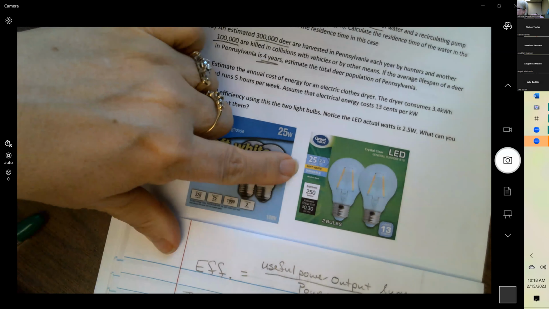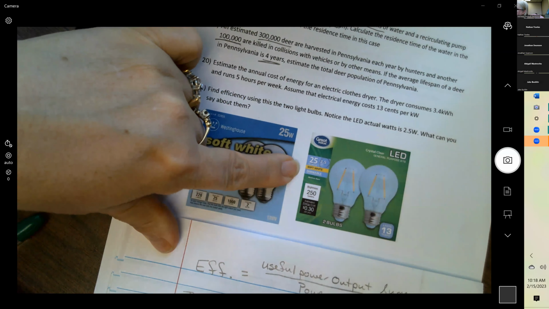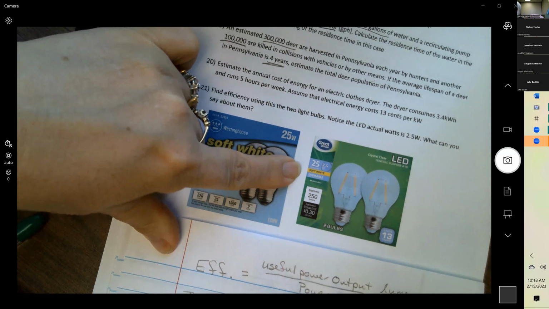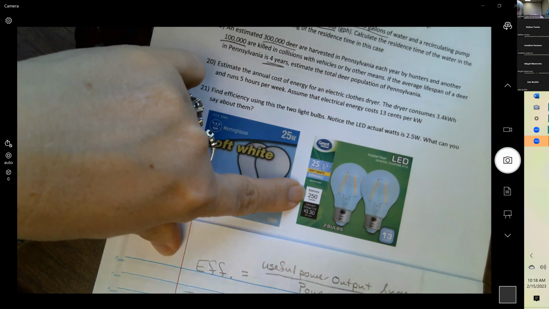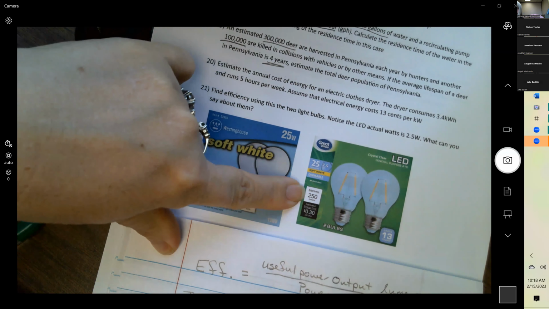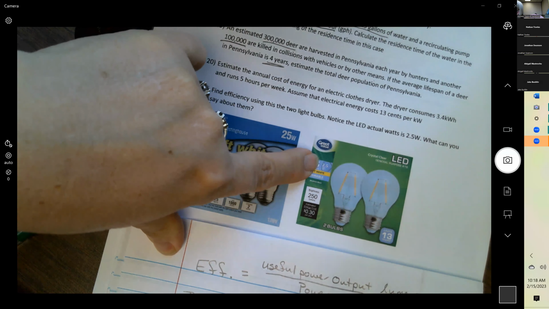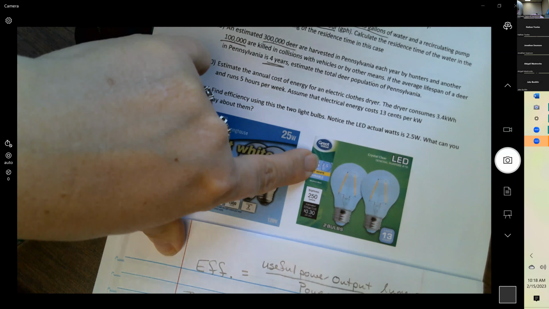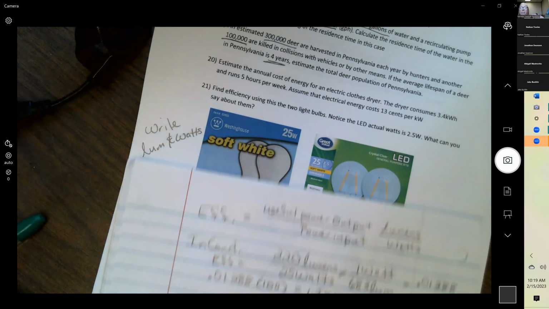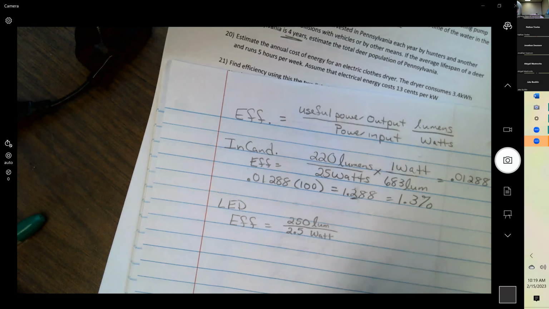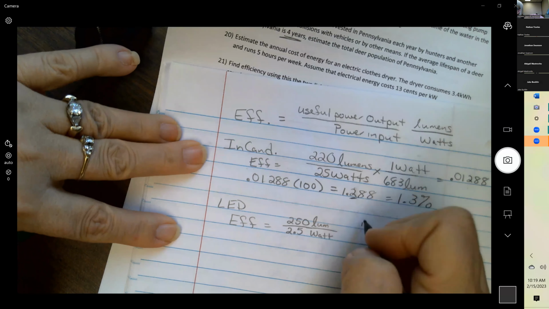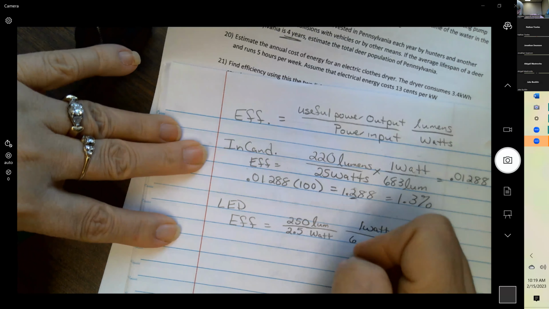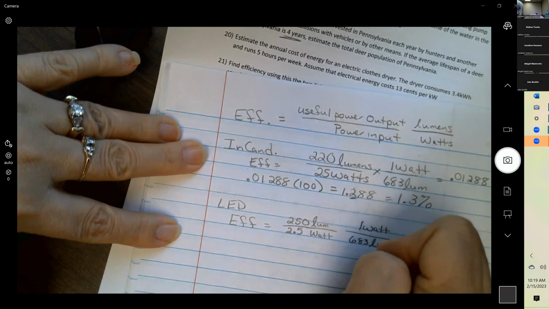The other light bulb, the LED, the lumens are 250 and the watts is 2.5. And we know 1 watt is 683 lumens.